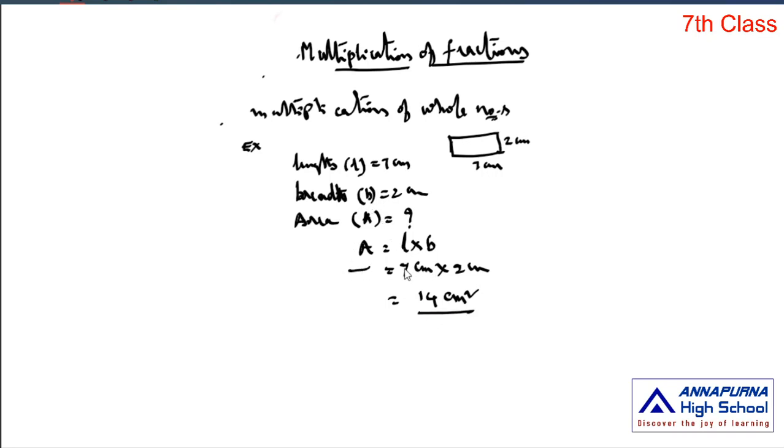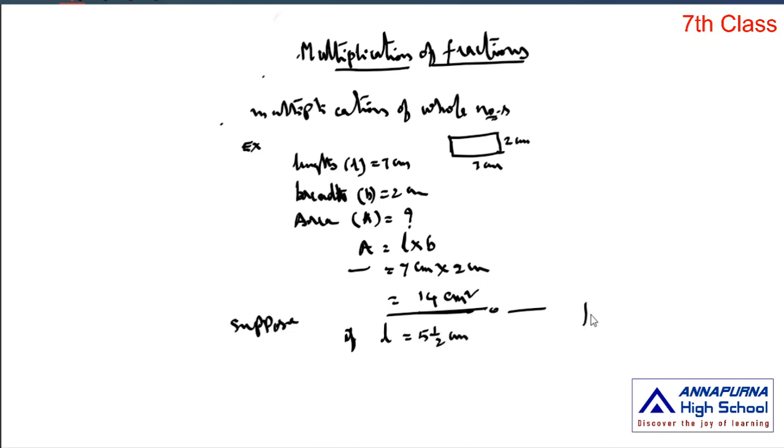That means when two whole numbers are multiplied, we will get a whole number. So based on that, we will do another example. Suppose L is equal to, tell me one fraction, say 1 by 2 centimeters.